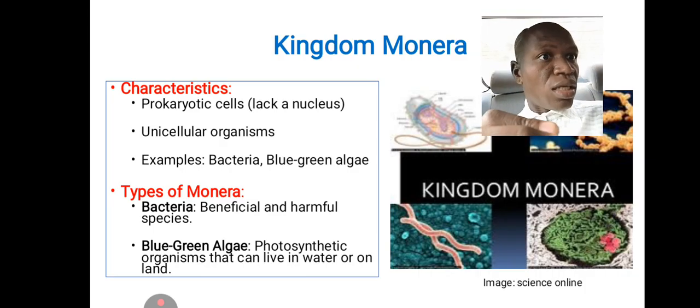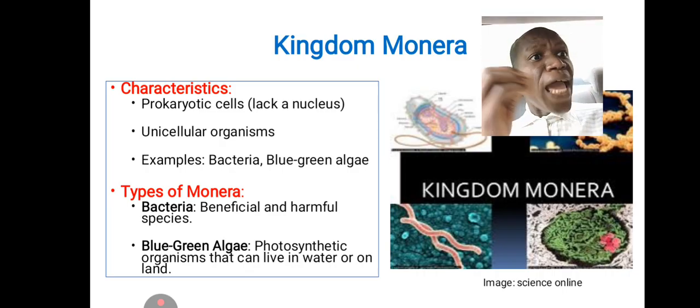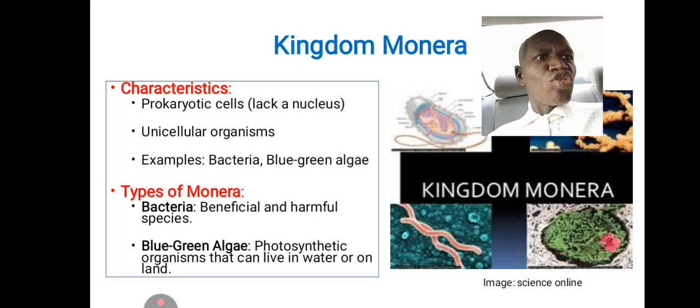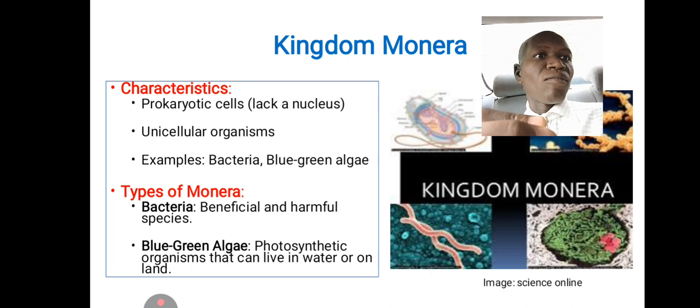This is key, and that's why I've included it in my explanation. All right, so we take the kingdoms one after the other, look at characteristics and examples so that you will get it right before we now go into the frequently repeated questions. And you will see the format and the nature of how they look.